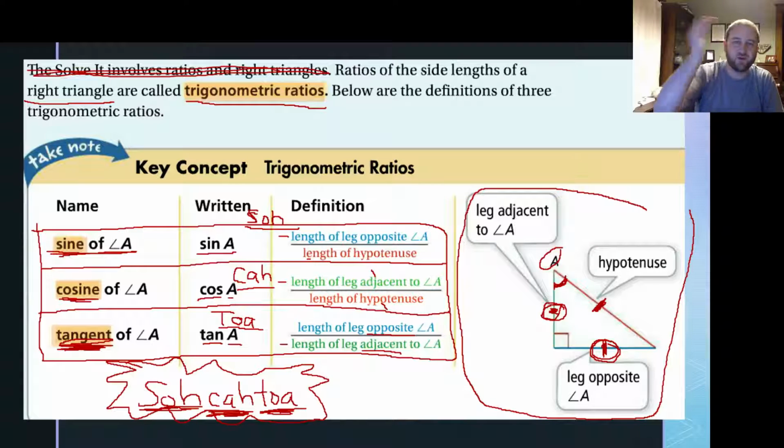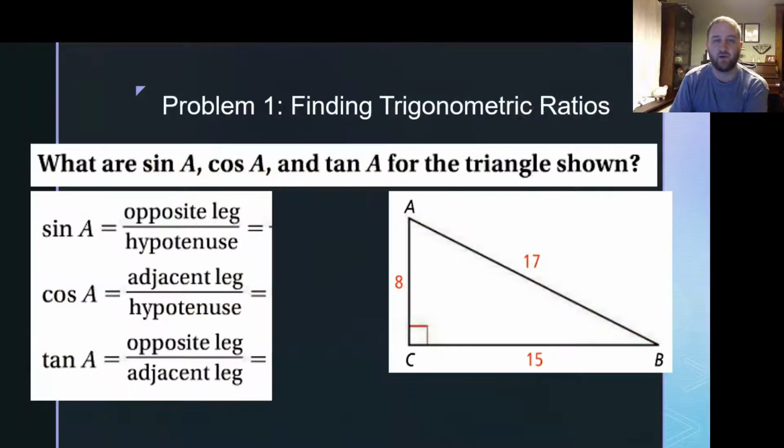Okay, so we're going to go through a couple of examples where we're going to use these. You might still be confused, like, okay, what does this have to do with anything? Okay, we're going to show you how these three things are helpful. So first it says, what are sine of A, cosine of A, and tangent of A for the triangle shown? Now, you are going to want to have a tab open to Desmos, okay, so that you can use the scientific calculator on there. So first, we've got this right triangle right here.